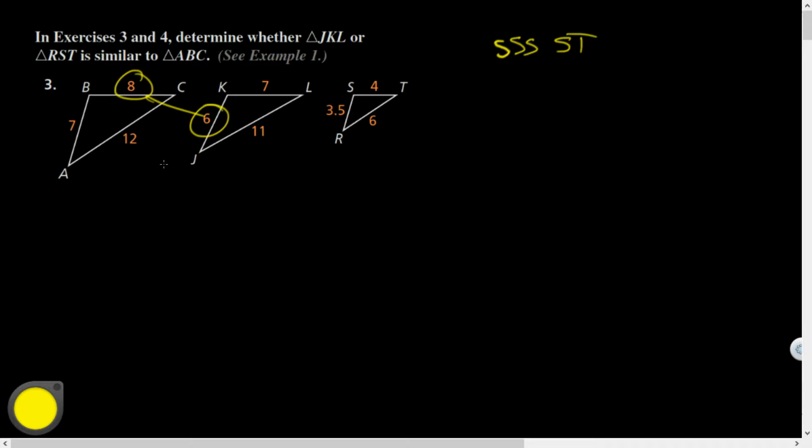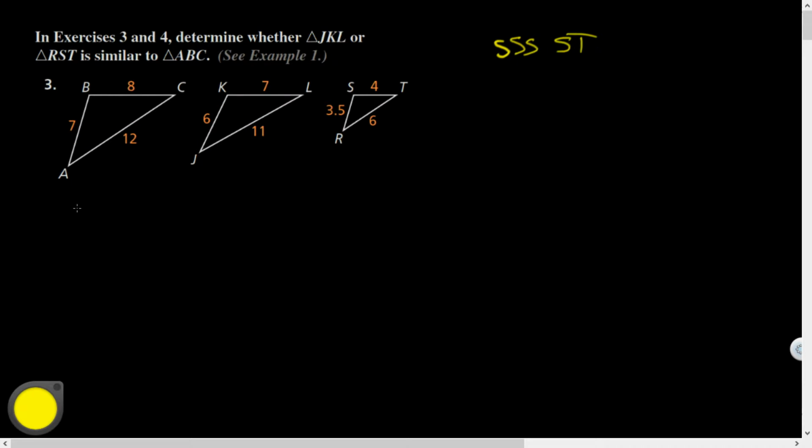Why do I do it to the 7? It looks like those line up, but I should compare the smallest to the smallest, the mediumest to the mediumest, and the largest to the largest. That would make sense if I'm trying to prove similarity. So that's what I'm going to end up doing.